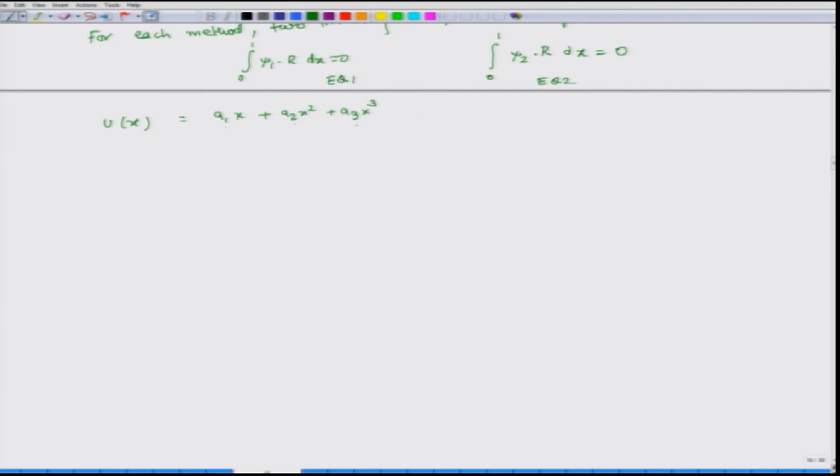Yeah. And what I will do is, I will actually tabulate. So, the first solution method is Petrov-Galerkin, the second method is Galerkin, the third method is least squares, and the fourth method is collocation. Okay. And here I am going to write A1, A2 and A3.